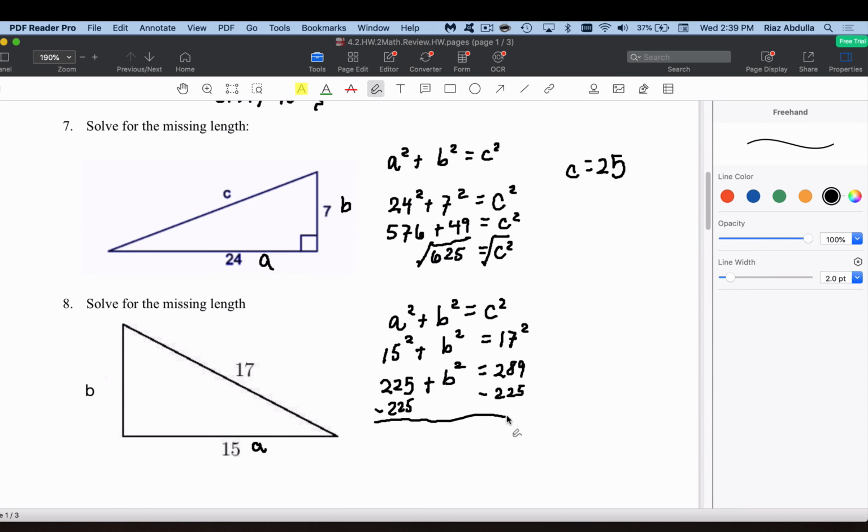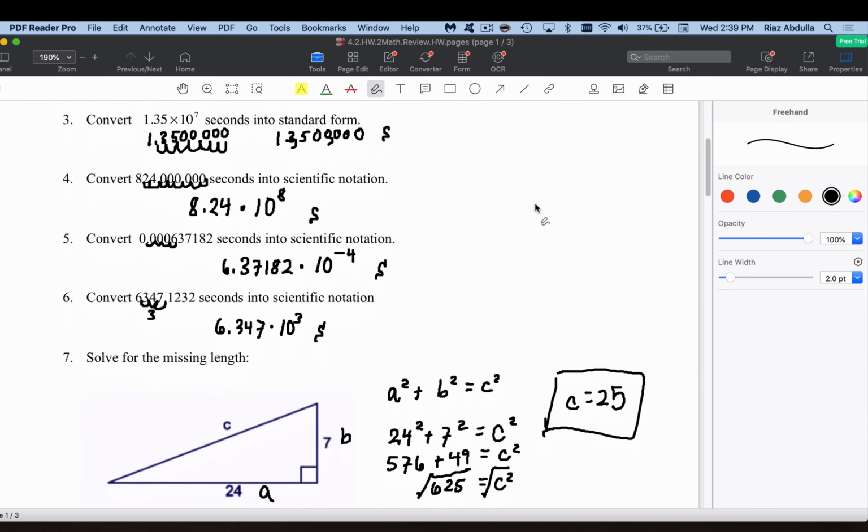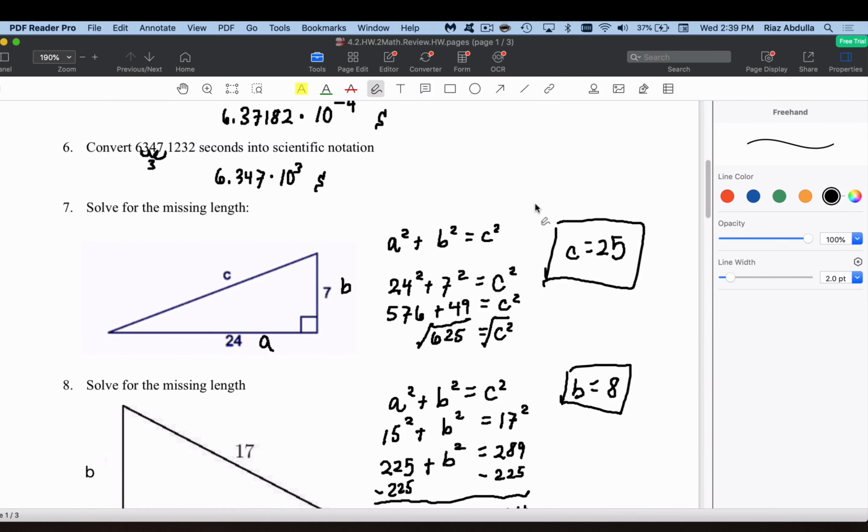So when I line that up, that's going to give me b squared equals 64. Now I expect you to remember from your times table that the square root of 64 is going to be 8. And so that's the answer to this for these first two trig questions. And it's actually the answer to the very first page of our practice test.